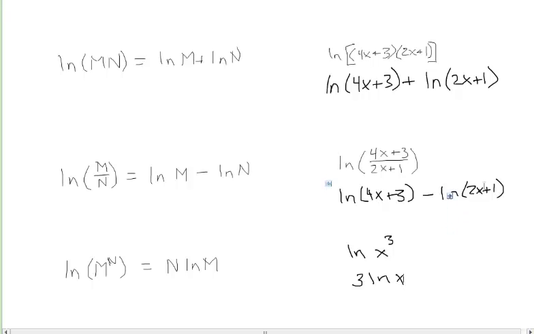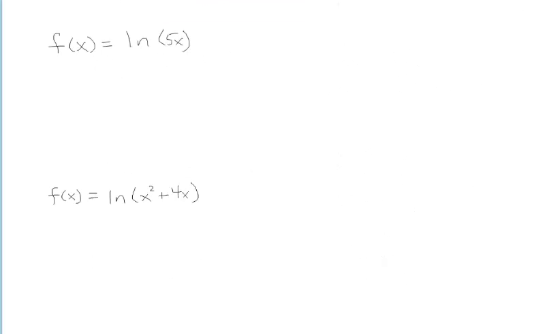Now all these properties will make taking derivatives of ln functions much easier, so that's why I showed them. In my first example, I have f of x is equal to ln of 5x. So remember the rule, we have f prime of x is equal to d/dx of 5x divided by 5x.